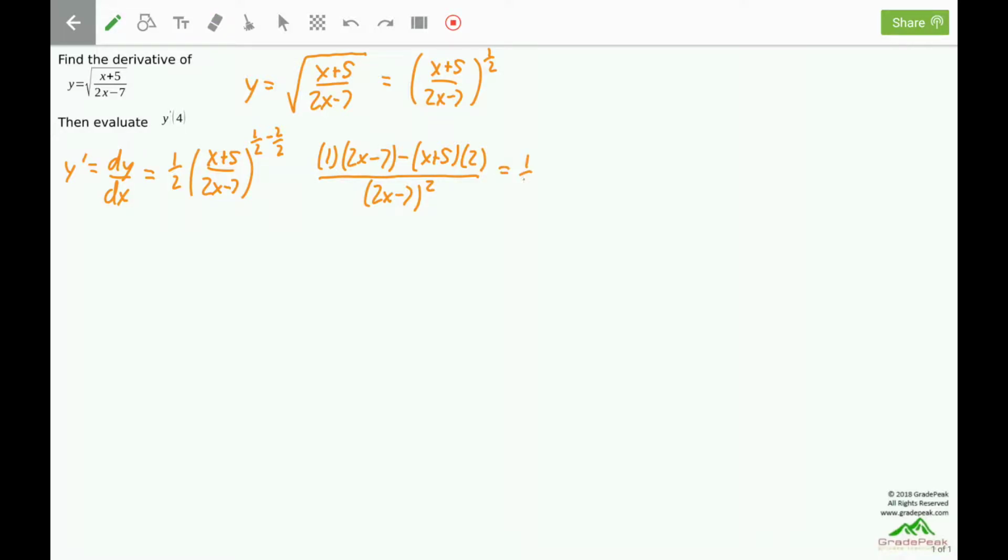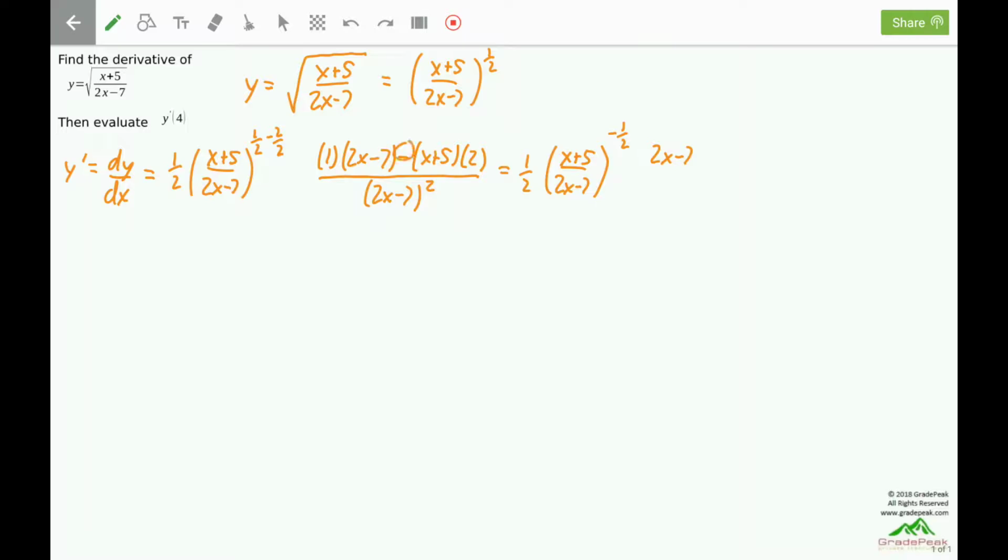So we have a 1/2. We have (x plus 5) over (2x minus 7) raised to the 1 minus 2, negative 1/2. And now I'm going to distribute the 1 into the 2x minus 7. So that'll give us a 2x minus 7.